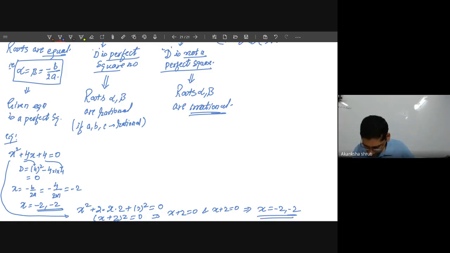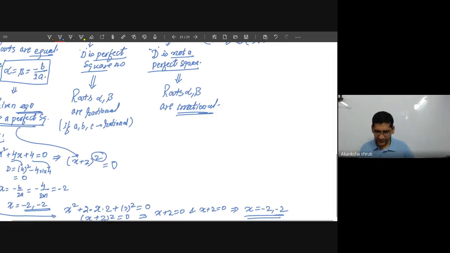These are the two. Student, how are we calling this a perfect square? Because this gets converted into this form, x plus 2 whole square, and the right-hand side becomes 0. So our equation itself is a perfect square.